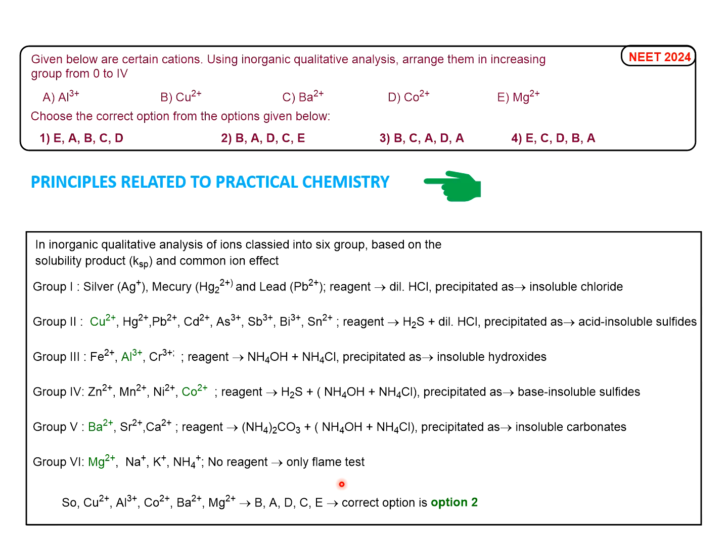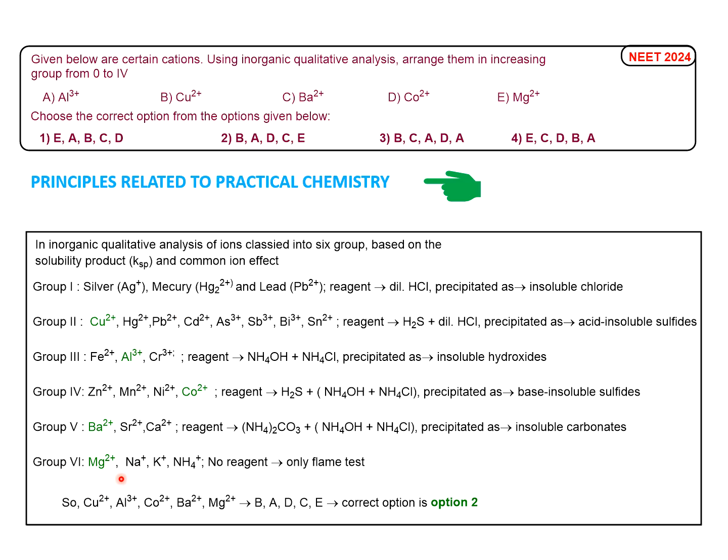Now in our case, B, copper 2 plus, falls in group 2, then A, aluminum 3 plus, is group 3, then group 4 is cobalt 2 plus, group 5 is barium 2 plus, and group 6 is magnesium 2 plus.